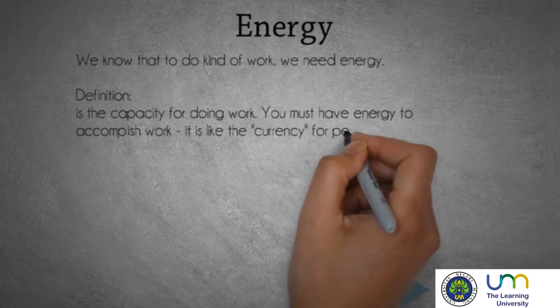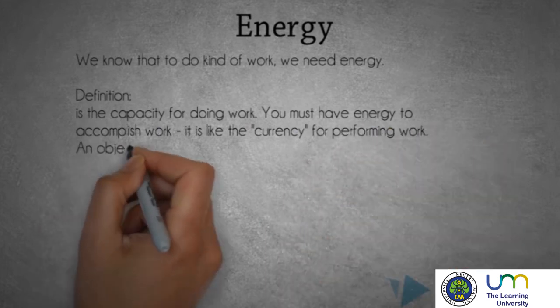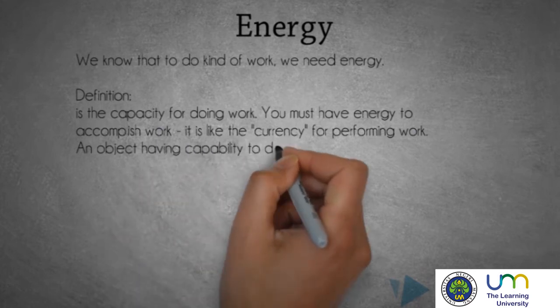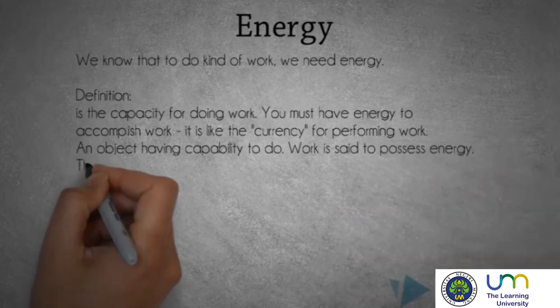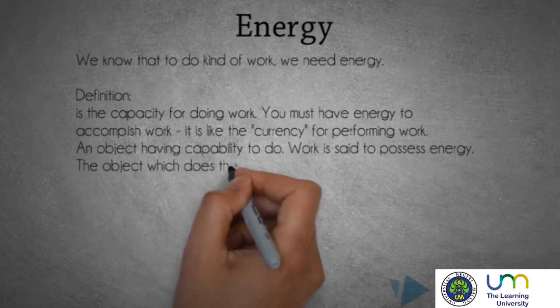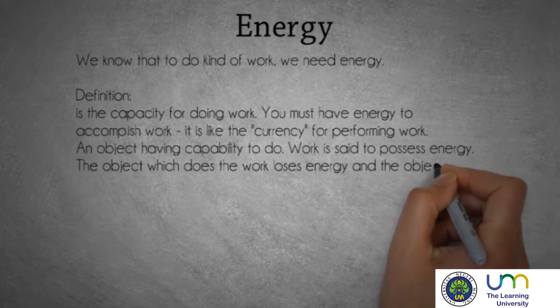An object having the capability to do work is said to possess energy. The object which does the work loses energy, and the object on which the work is done gains energy. The energy possessed by an object is thus measured in terms of its capacity of doing work.